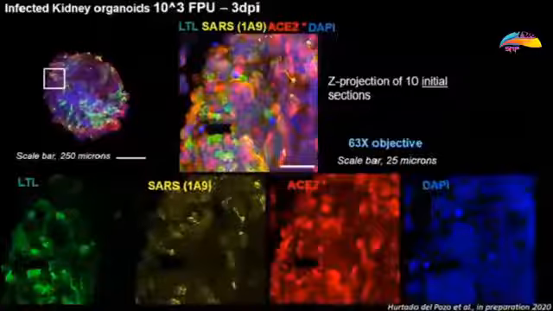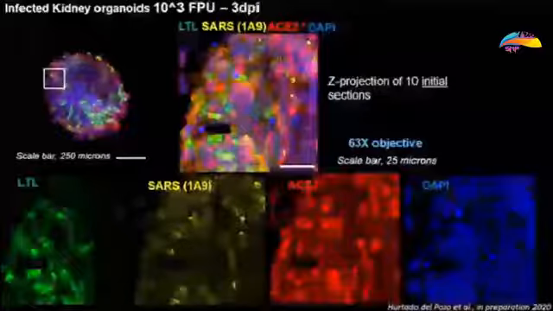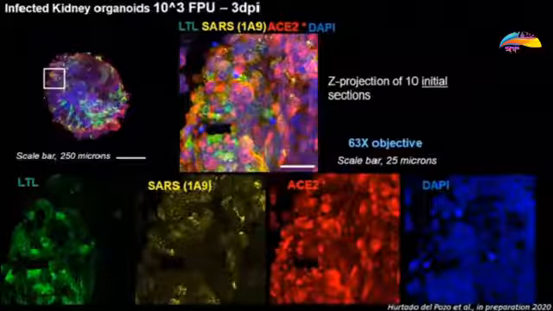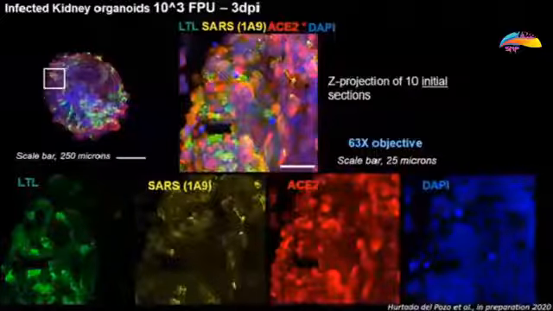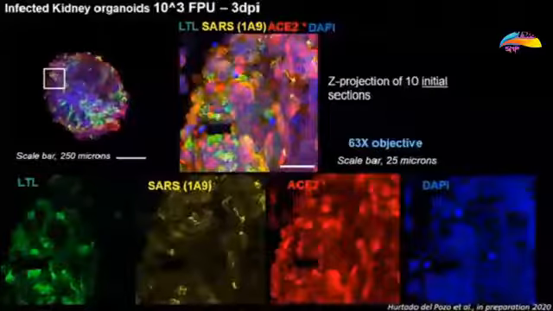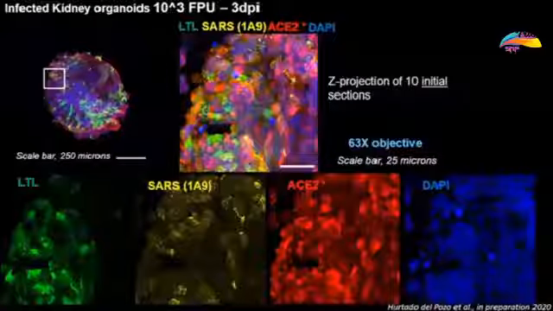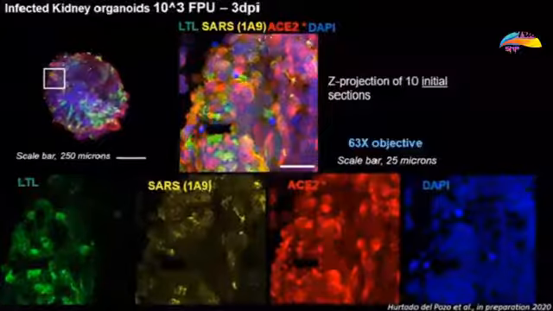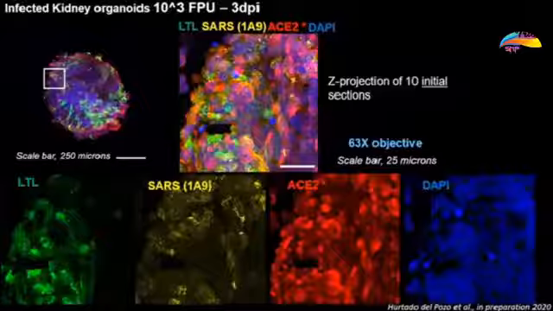This image corresponds to an organoid specimen that has been infected with a specific concentration of viral particles, analyzed 3 days post-infection, and further analyzed by confocal microscopy. Tubular cells are here in green. LTL refers to the presence of a lectin. Then we use a SARS antigen, and we also stain the samples for ACE2.